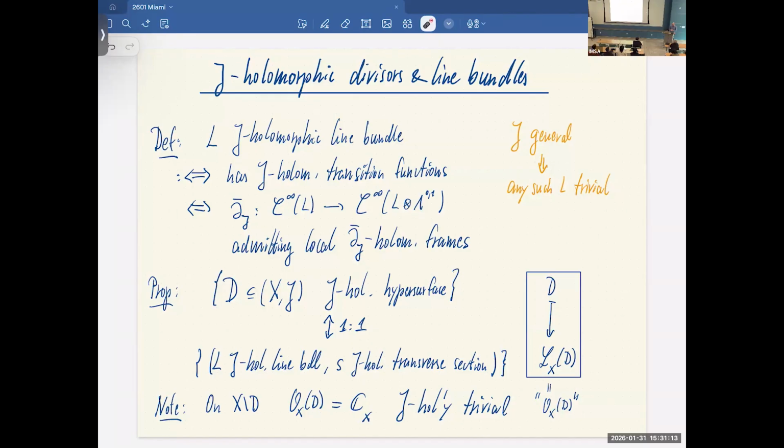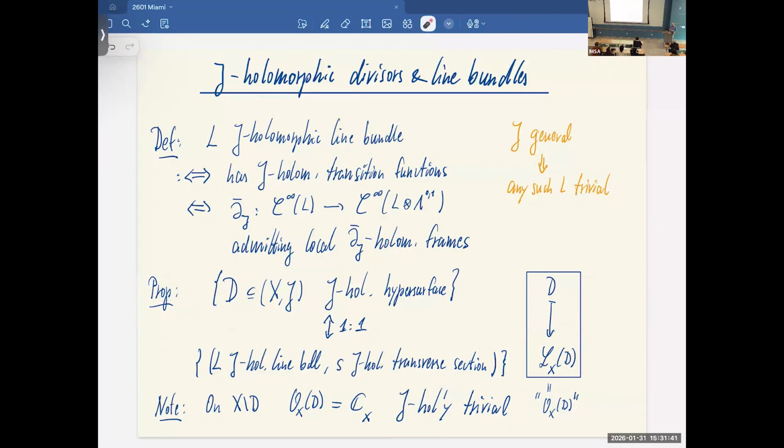You could define it by saying it's a line bundle where the transition functions are J-holomorphic, or equivalently, that it has a 0,1 connection, meaning a del-bar operator, del-bar_J, which admits local J-holomorphic frames. And then, of course, these are equivalent, the usual way you would think.